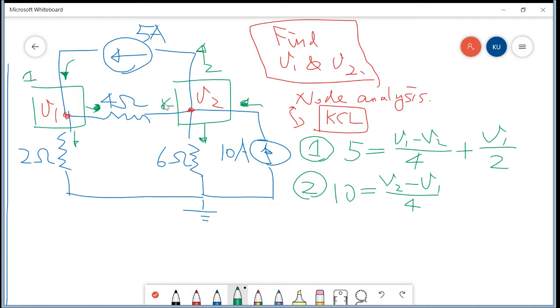Because if I just assume this current to be in this way, then this term should be on the left hand side. It will become V1 minus V2 over 4. So it turns out to be the same equation. I just move this term to the left hand side, which doesn't influence the equation itself.